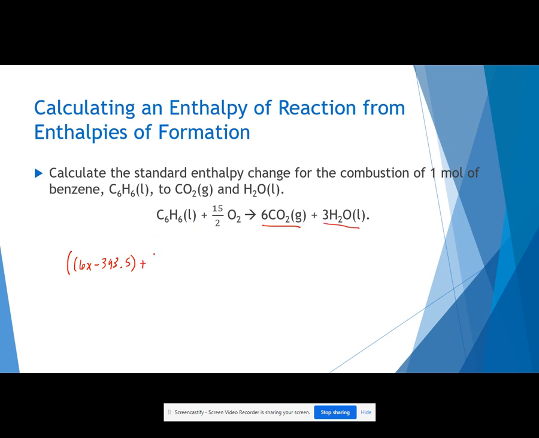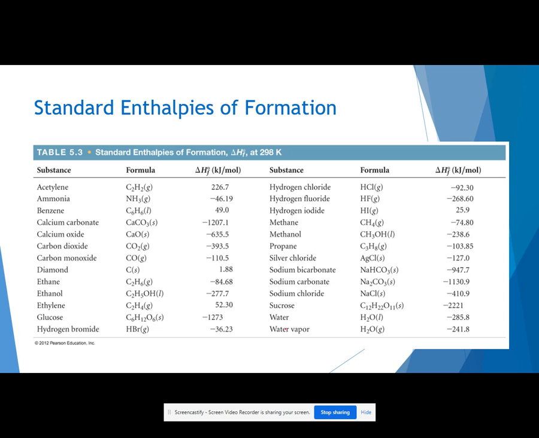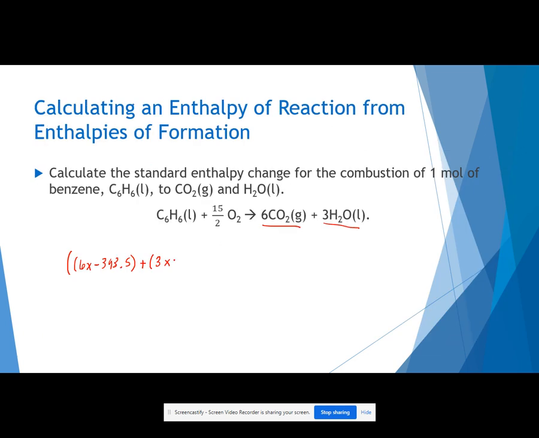Remember, we do the sum, so we add this to our other product. So here we do the sum of 3 times whatever H2O as a liquid is. So you look down here, H2O as a liquid is negative 285.8. Here we close that off, and then we subtract it from our reactants.